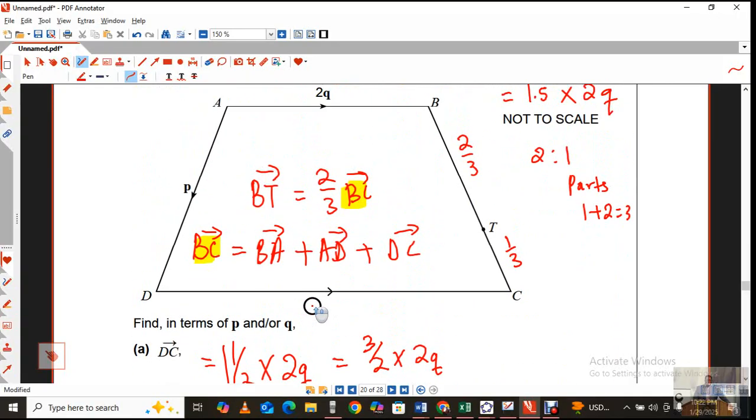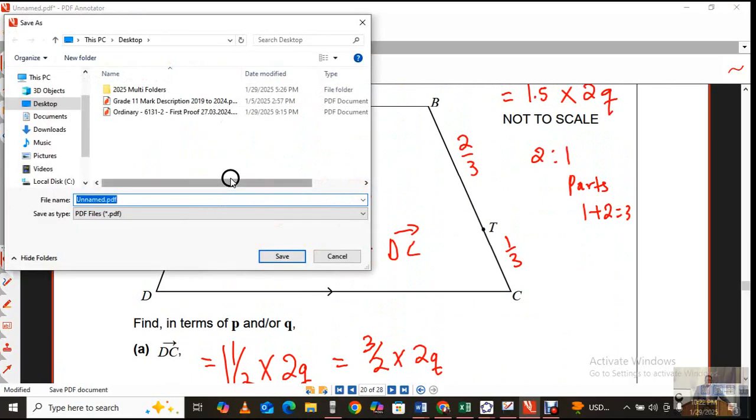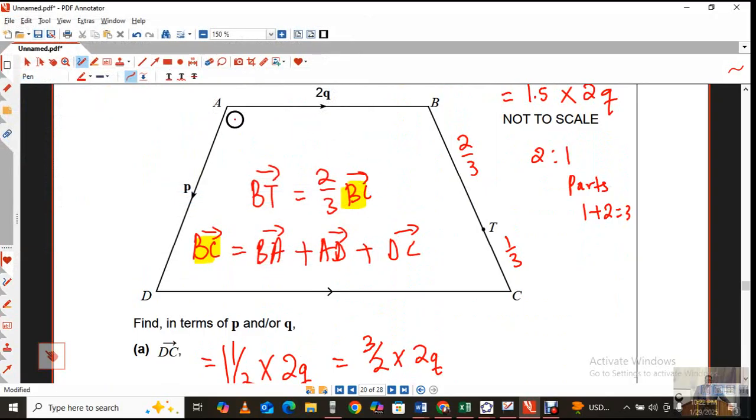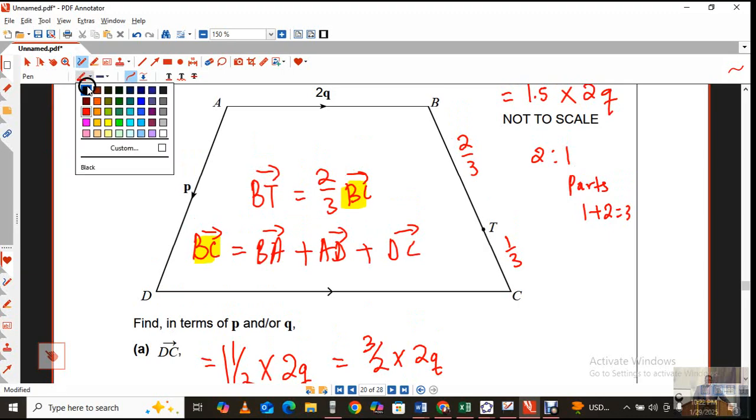Taking into account that if you look at going from B to A, you are going against that. You see that arrow is pointing to this direction, but now you are going against it. So you are going minus 2Q. So BA is minus 2Q. And I'll write it here because I want to work on the diagram.